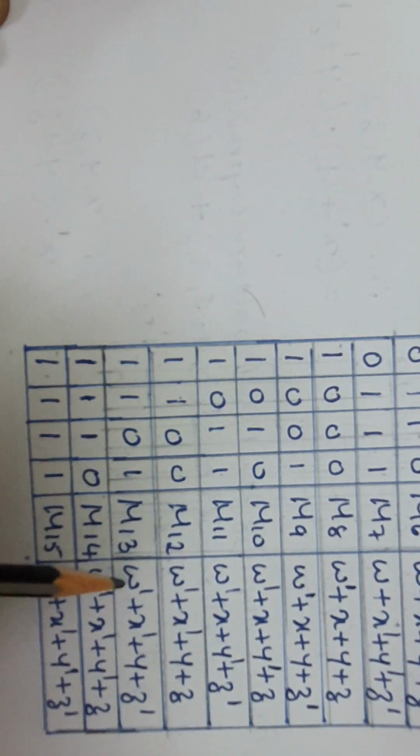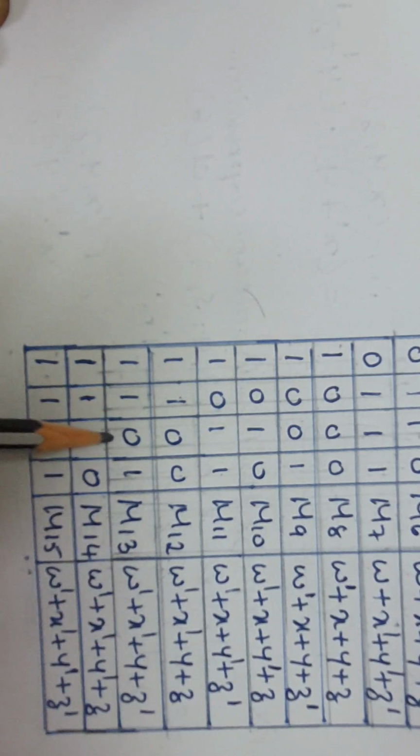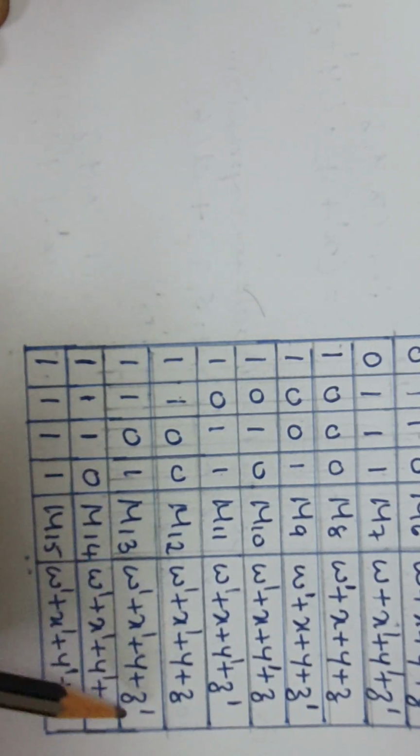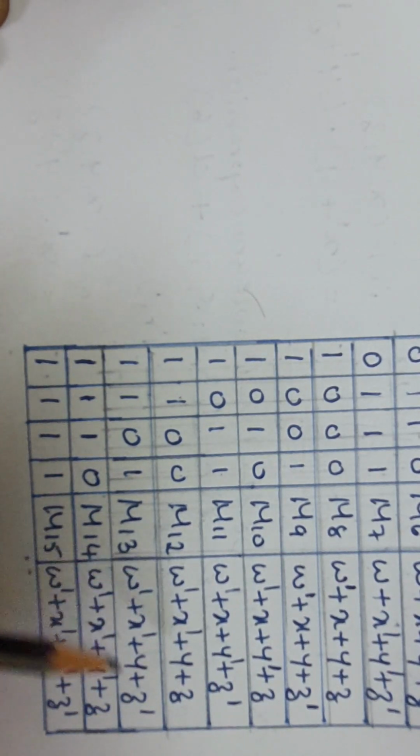Next 1, 1, 0, 1. So w is 1, w dash, x is 1, x dash, y is 0, y, z is 1, z dash in between plus sign. This sum term w dash plus x dash plus y plus z dash forms max term 13. 1, 1, 1, 0. So w is 1, w dash, x is 1, x dash, y is 1, y dash, z is 0, z in between plus sign.